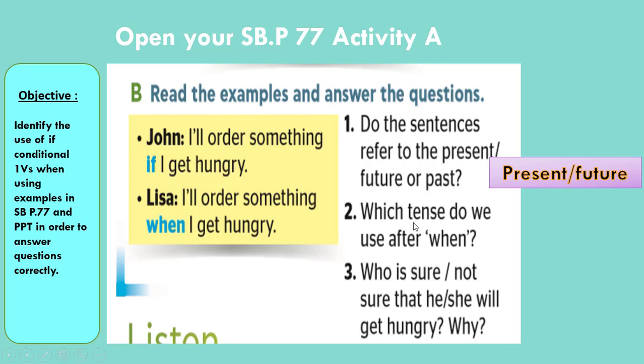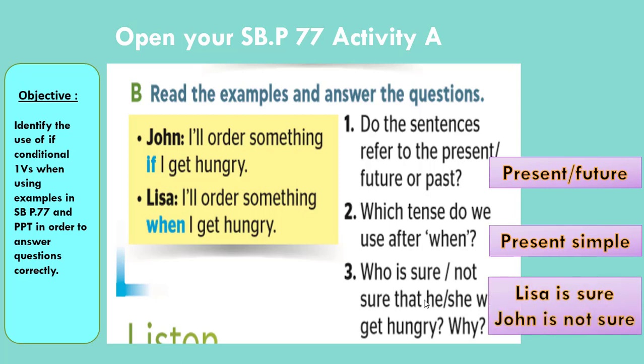Which tense do we use after when? We use the present simple. Number 3. Who is sure and who is not sure he or she will get hungry and why? Lisa is sure because she said when I get hungry, while John is not sure because he said if I get hungry.